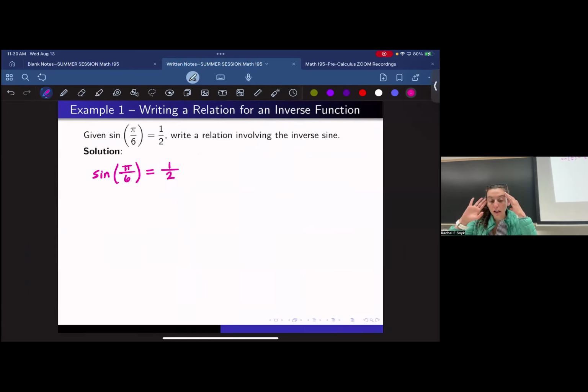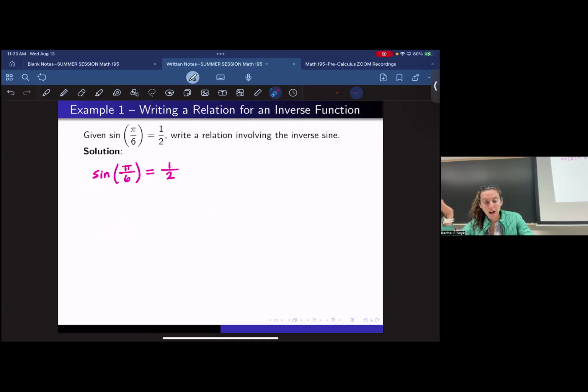So first, let's just try and understand this. What does this mean? Sine of pi over 6 in terms of degrees is just 30 degrees. So sine at 30 degrees gives us that famous calculation of 1/2.